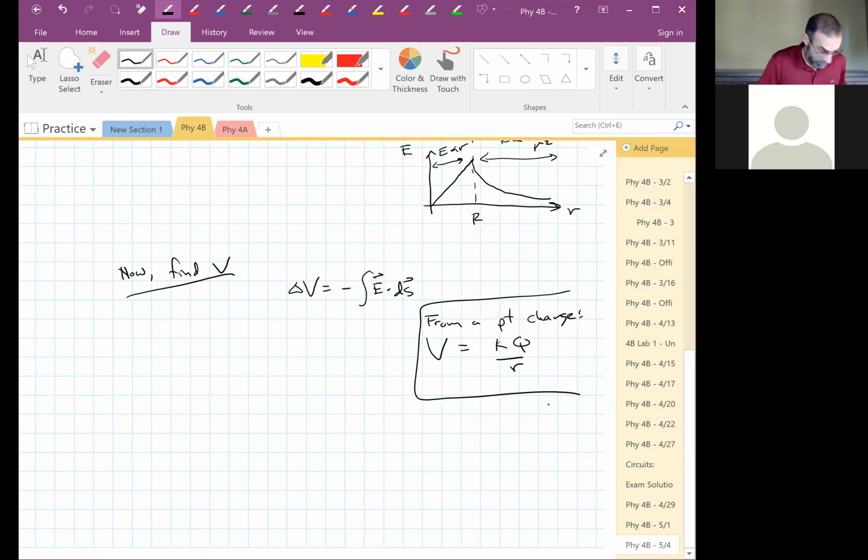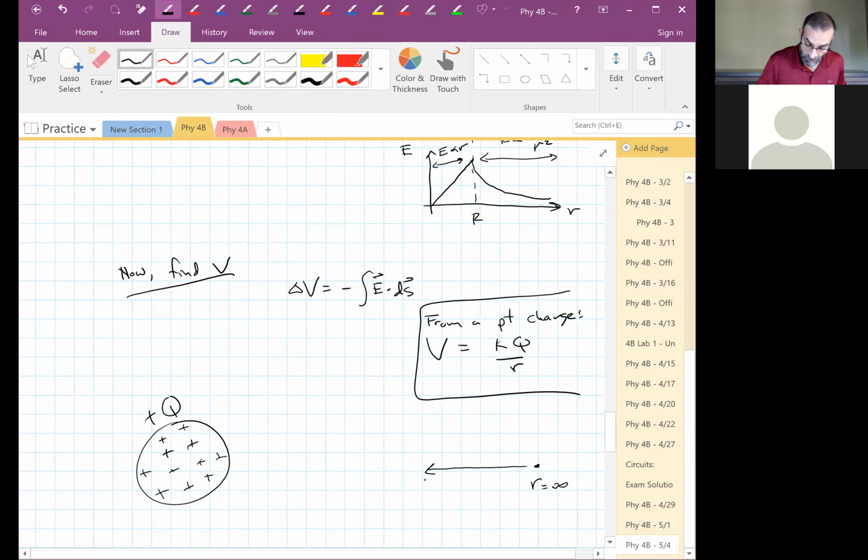Integral. So we've got a charge distribution here, and maybe I'll put the plus Q. And we want to go from infinity out here. This is R equals infinity. We want to go from infinity as our initial point in to some point which is just any arbitrary R, right?